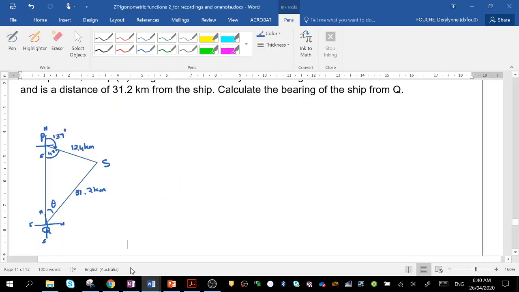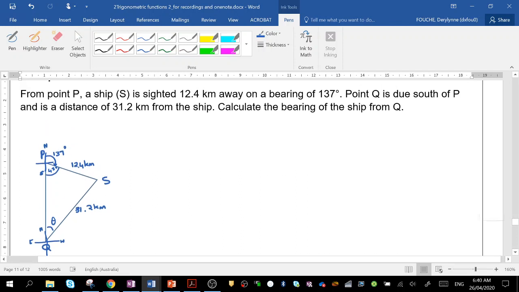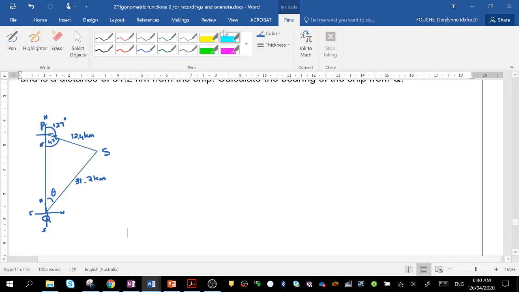I've got a neater diagram over here, and let's go through it. So we'll first define our angle. So let theta equal the bearing of the ship from Q. In all of these problems, our diagrams are very important.